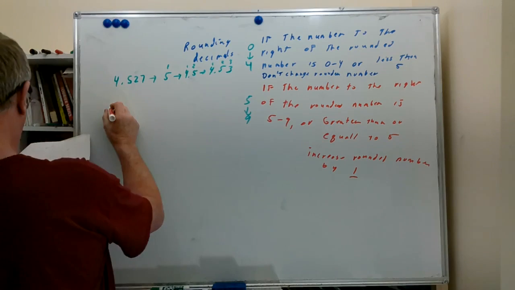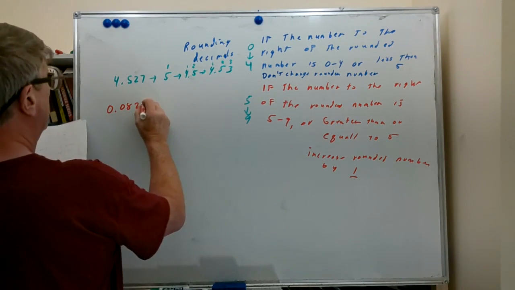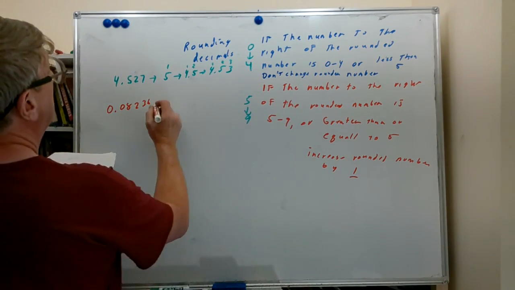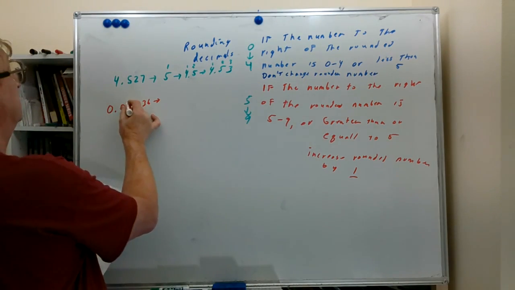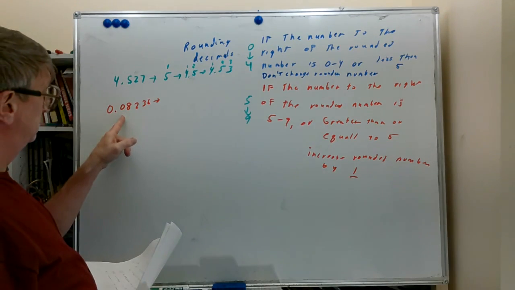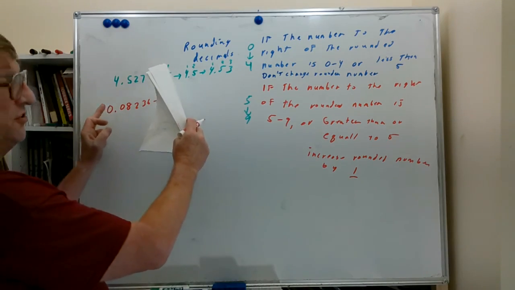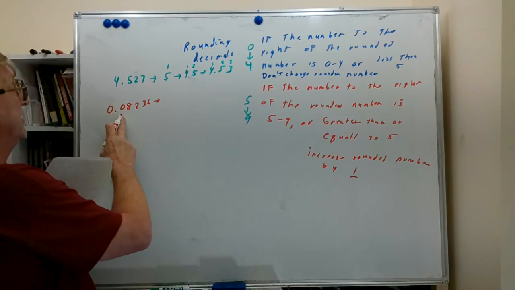How about this one? Let's do another one here. 0.08236. Now we want to round that to 1 significant digit. Now remember, this leading 0 in the fractional portion, or the decimal portion of the number, is not a significant digit.